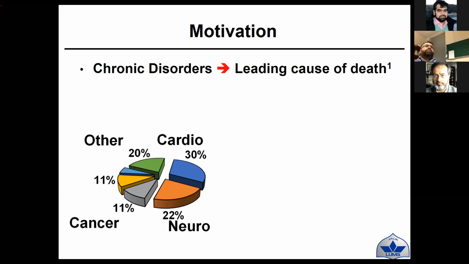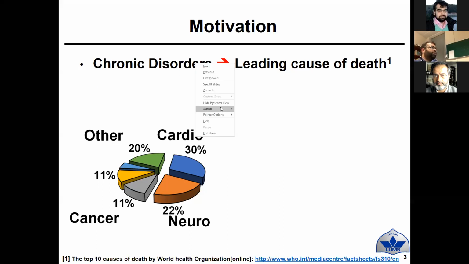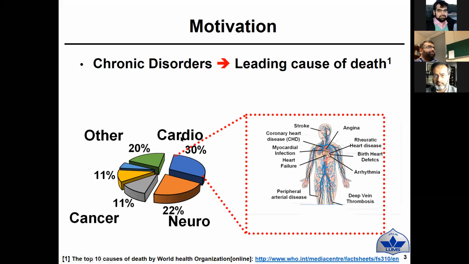So if we talk about the motivation, that motivation is mainly coming from those disorders which we are facing in our real lifetime. The main one is basically cardiovascular diseases. Then we have neurological disorders, cancers, and then diabetes, the glucose, the sugar, and all those other aspects.